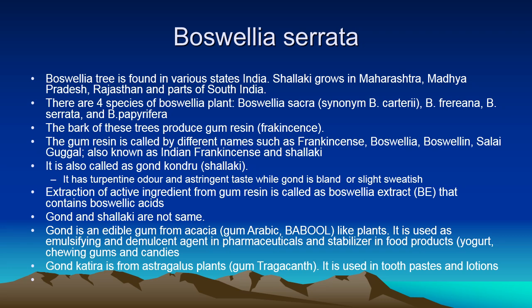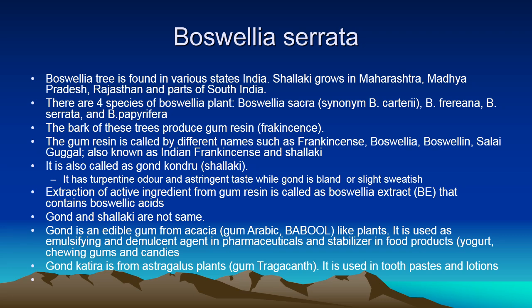The gum resin is called by different names such as frankincense, boswellia, boswellin, salai and also Indian frankincense or Shallaki. It is also called Gond Kondru. It is very important to understand it is Gond Kondru, not the Gond. It has a turpentine-like odor and astringent taste, while Gond has a bland or slightly sweetish odor.